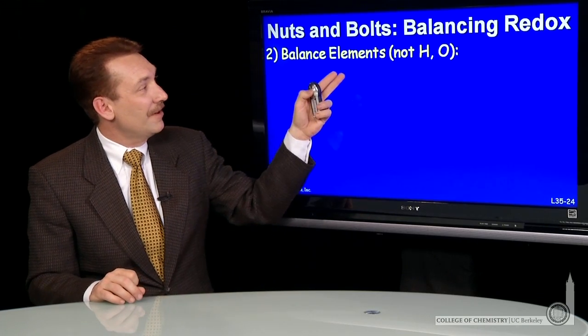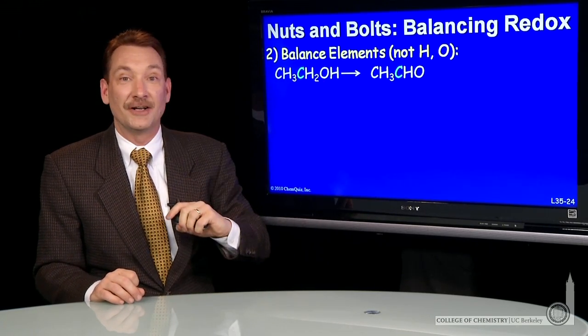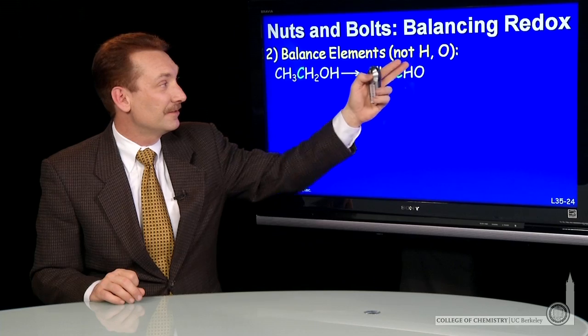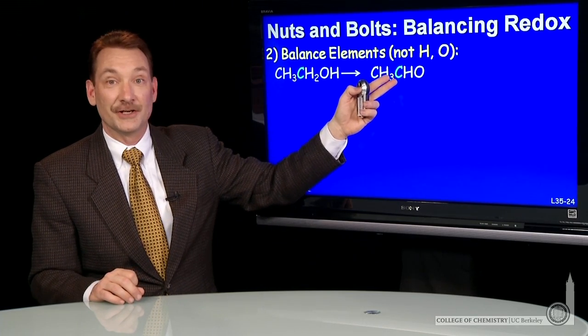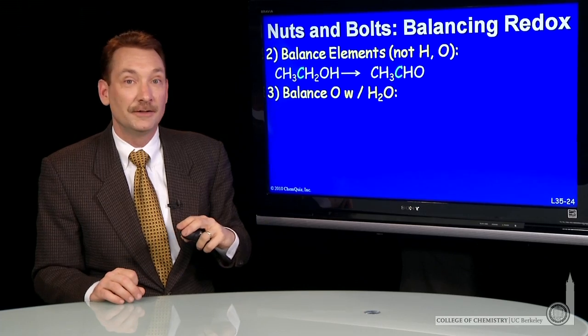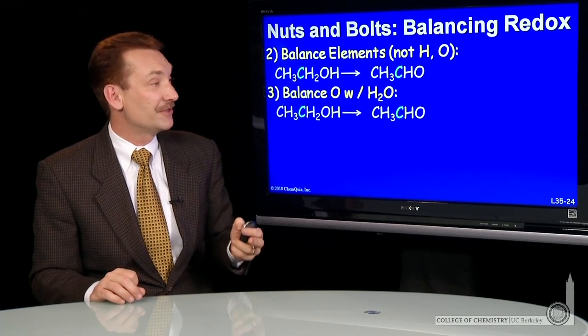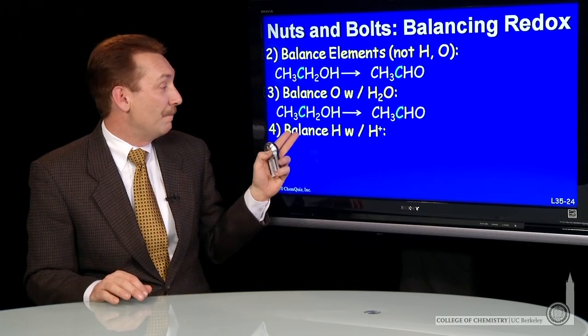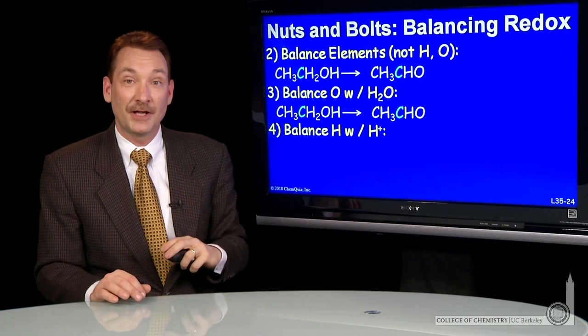Now let's do the same thing for the alcohol to aldehyde. Balance the elements. All the elements are balanced here, so nothing required there. Balance the oxygen with water. I have 1 oxygen on both sides, so nothing required there. Balance the hydrogens by adding H+.